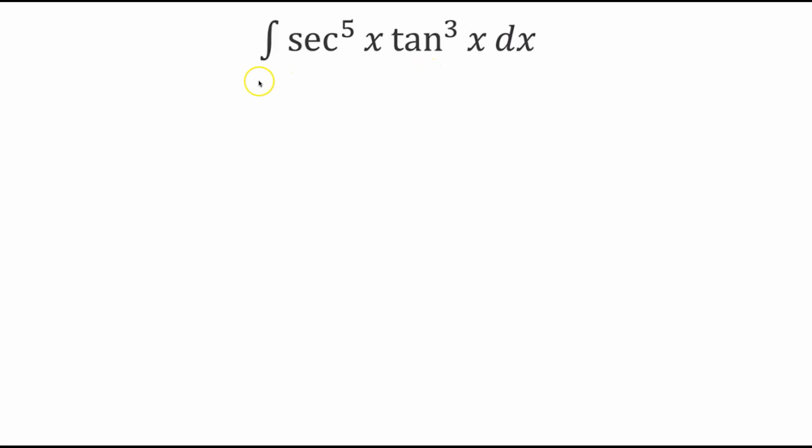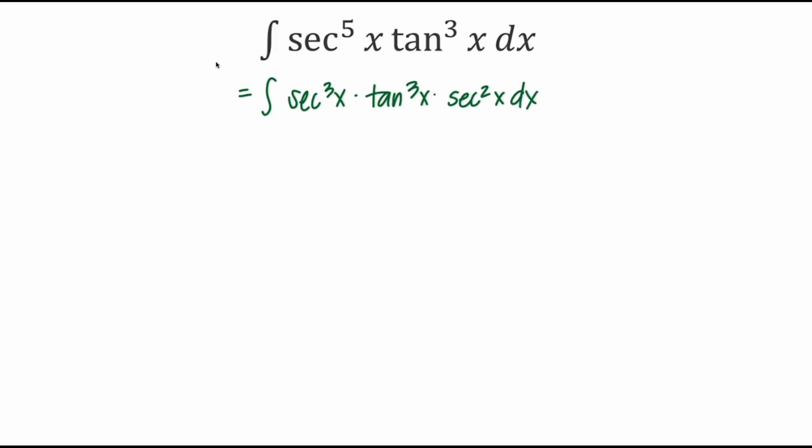I'm actually going to try the wrong method first, just so that you can see what happens when you get stuck. Let's say I save a copy of secant squared, and I rewrite this as the integral of secant cubed x times tangent cubed x times secant squared x dx.